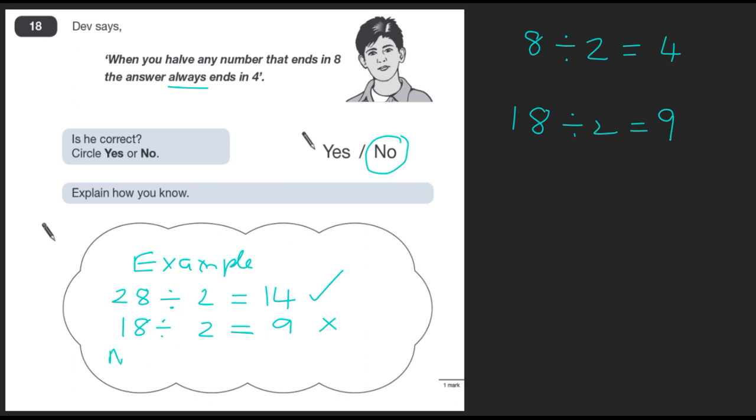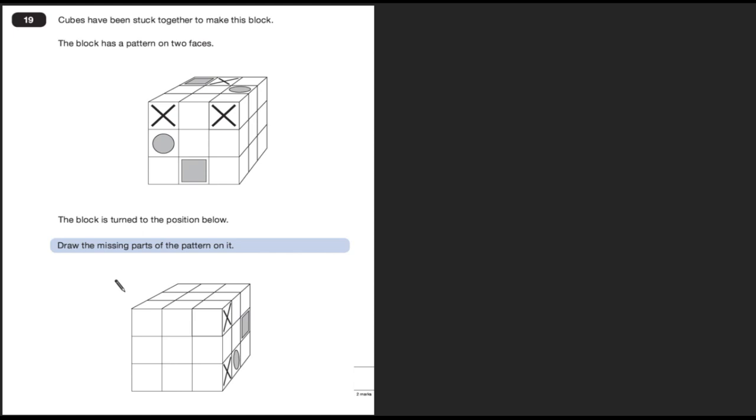So not always the answer ends in 4. So the examiner is looking for an example. Make sure you put the example. That's all he's asking.